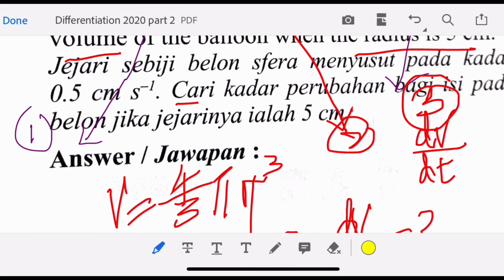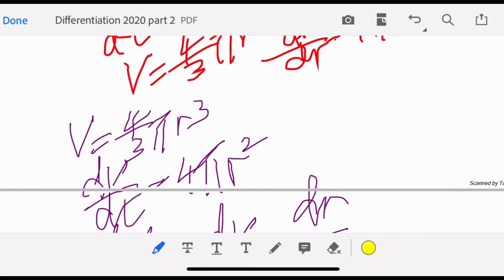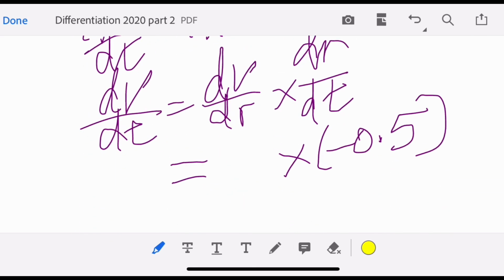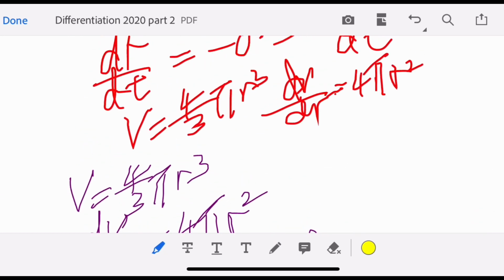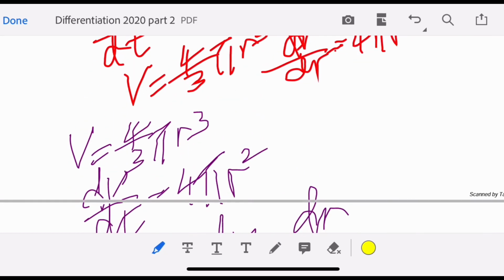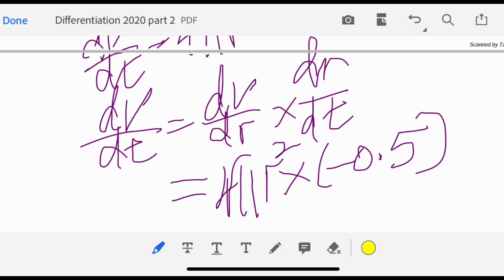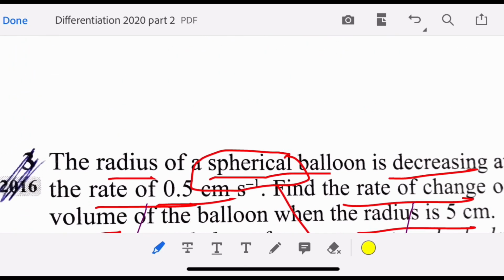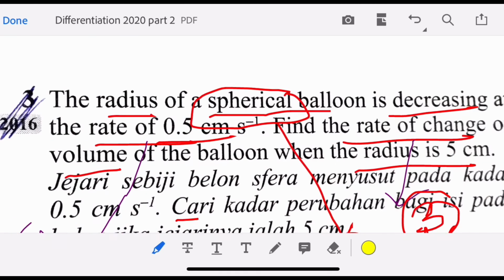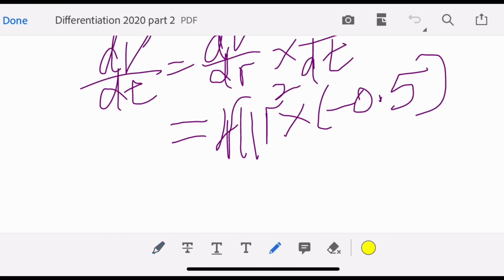So after you substitute, you must put your radius into the dV/dr, the 4 pi r squared. Let's check what radius is given. Just now, did you read the question? Where is the radius? 5 cm, right?